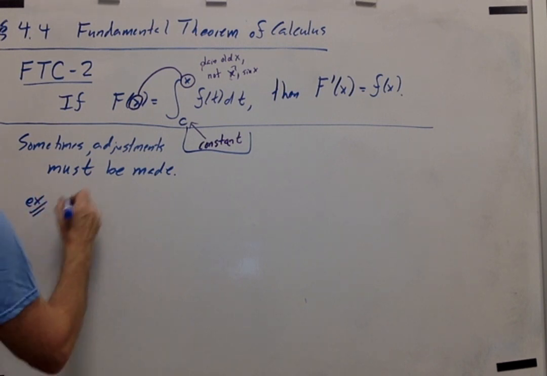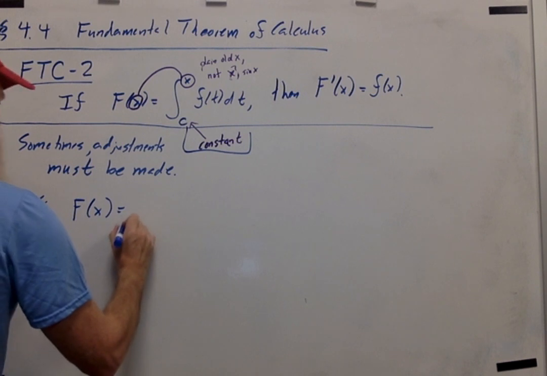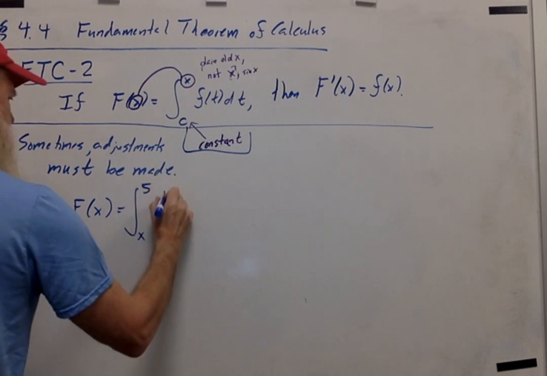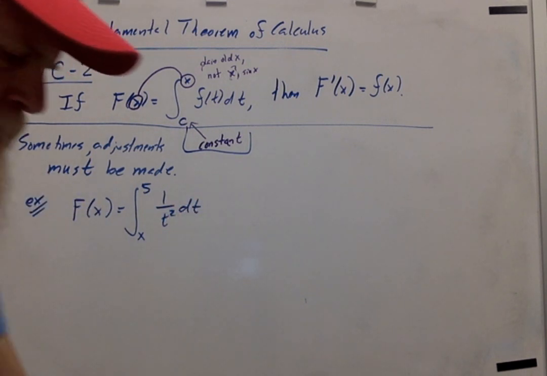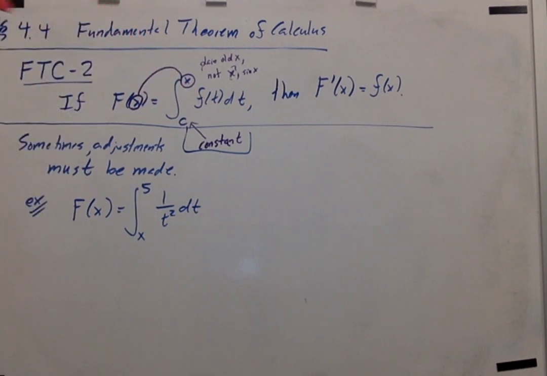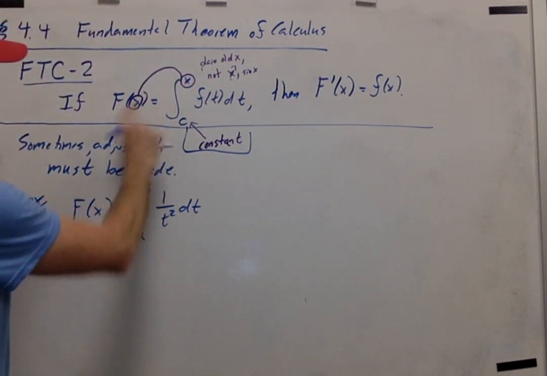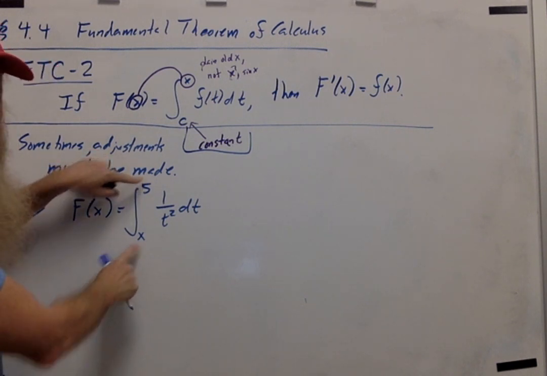Look at this problem. Suppose that big F of x were equal to the integral from x to 5 of 1 over t squared. Notice here that it's not exactly of this form. Notice that the constant is at the top instead of at the bottom.